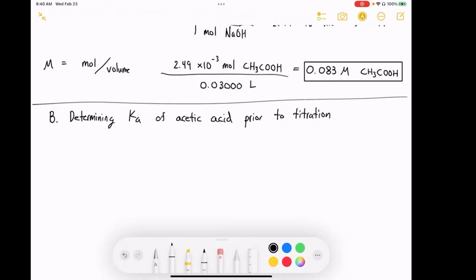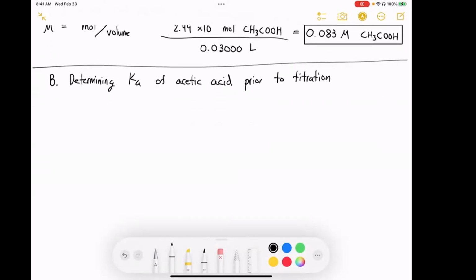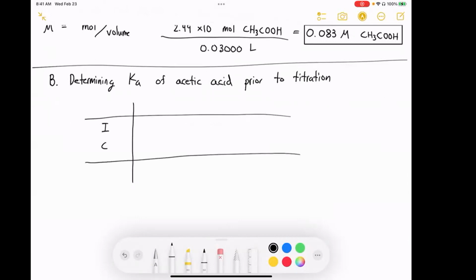So what you want to do here is what we call an ICE table. ICE tables will become very important when we talk about equilibrium, so you may have seen this already. So what you do is you set up a table here and you label it. Here's your I or initial, change for C, and then equilibrium is the equilibrium concentration. So I means initial, C means change, and E means at equilibrium.